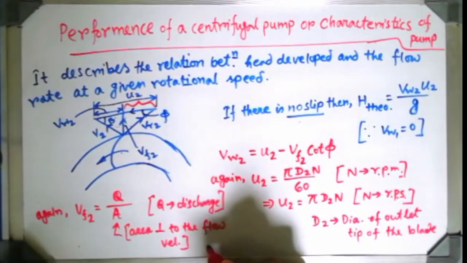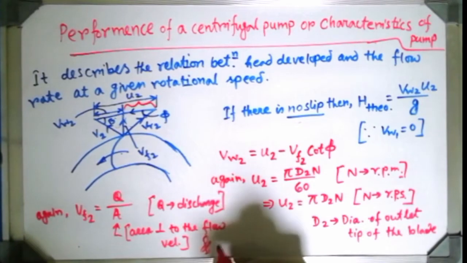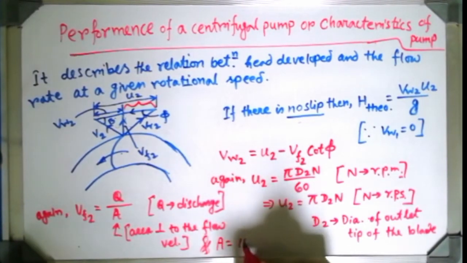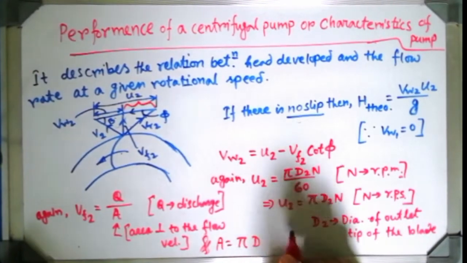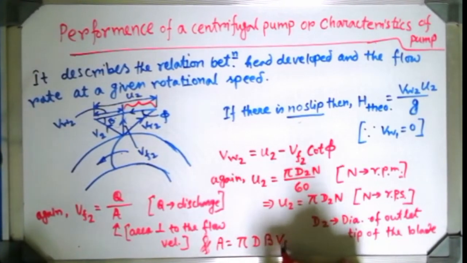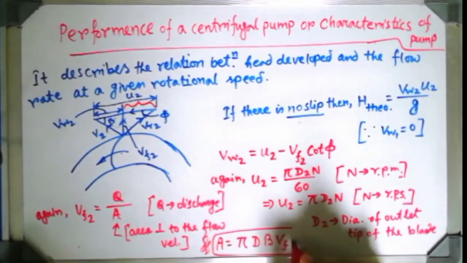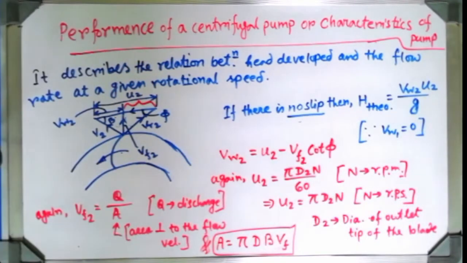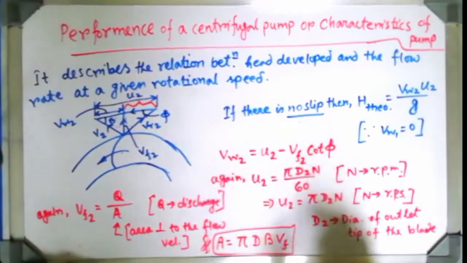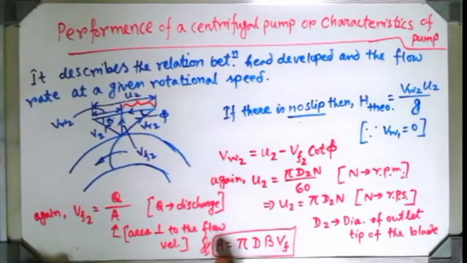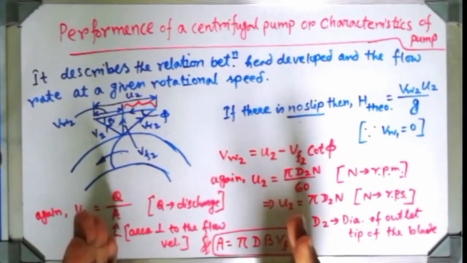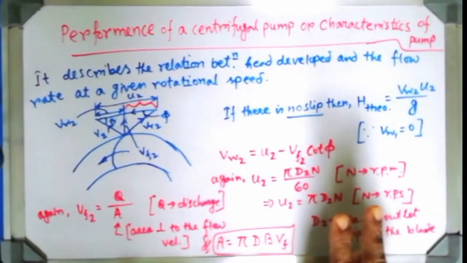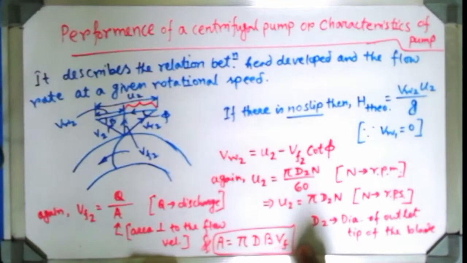or rather say again we can write area is also expressed by pi d b Vf. That formula is also used for the reaction turbine. I think you can remember if you have done some numerical solving. This area, which area? The area of flow inside two blades, or I can say between two blades, the area of passage through which the flow is occurring.